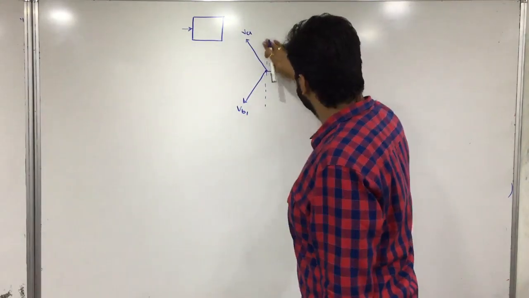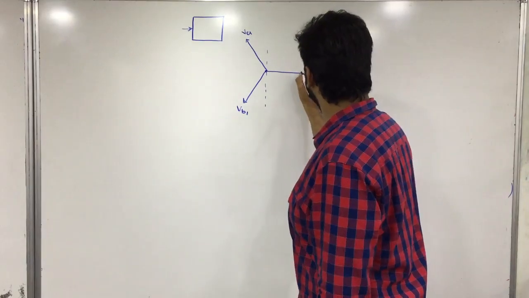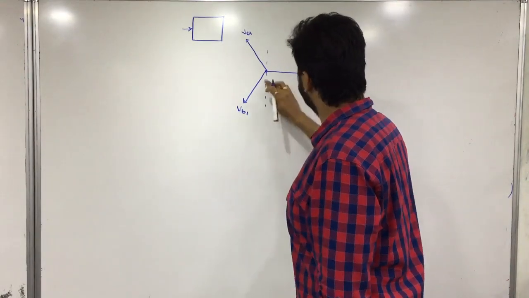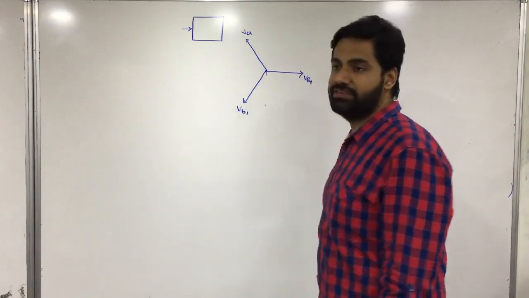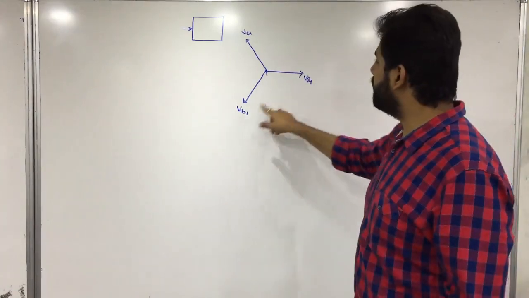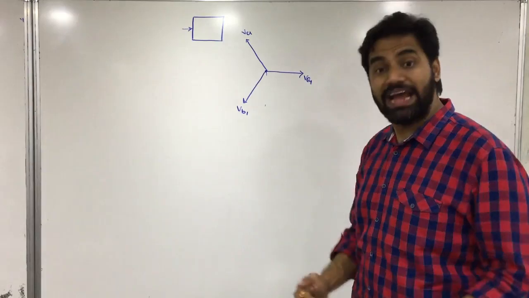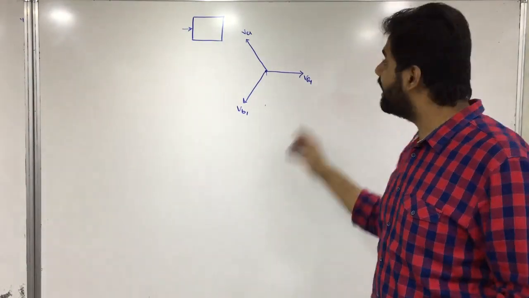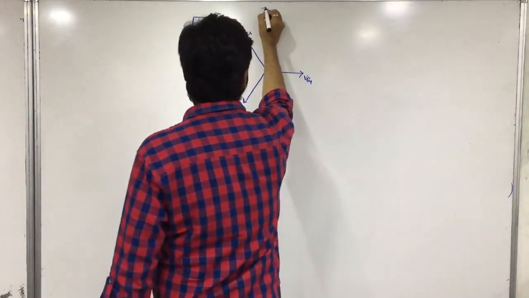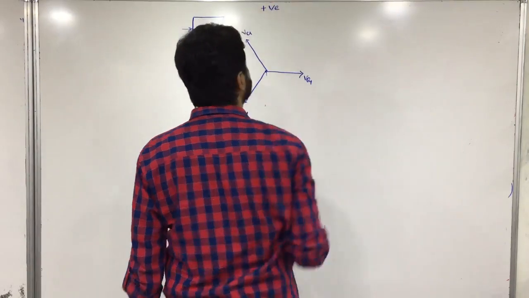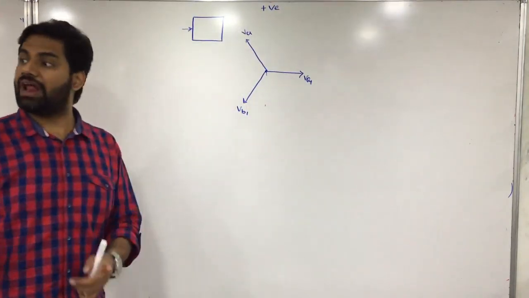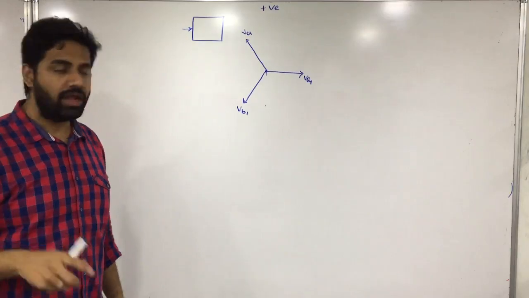Is it clear? So this is my first symmetrical term that I have got: VA1, VB1 and VC1. This is again ABC sequence. It is my actual sequence, and hence it is called the positive sequence. पता चला? It is my sequence, the actual sequence. Clear हो रहा है? Okay.